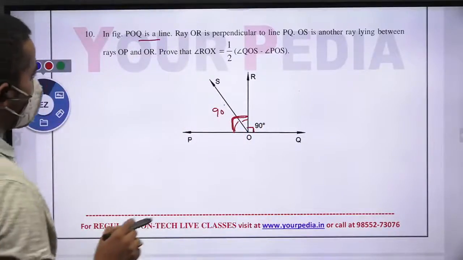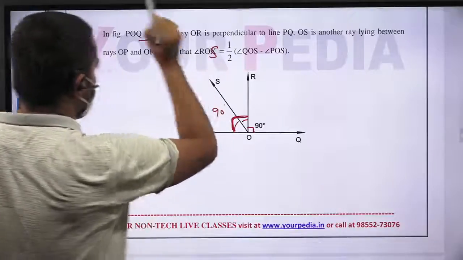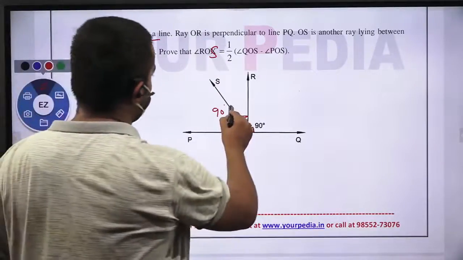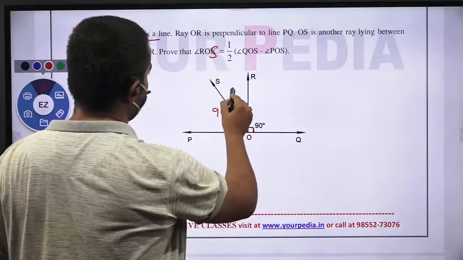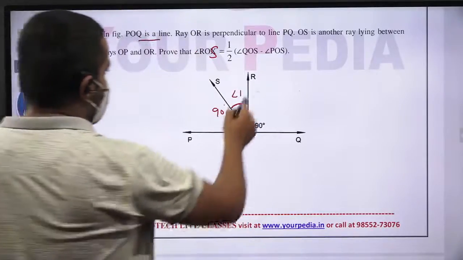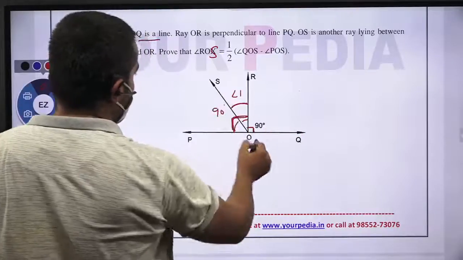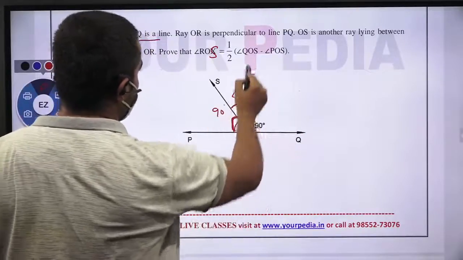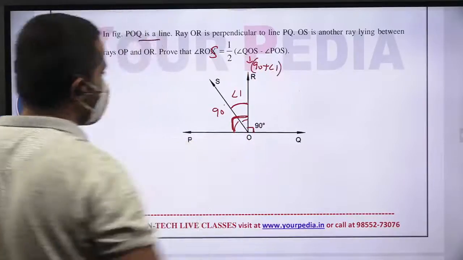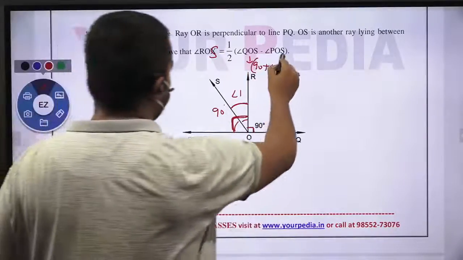So prove that angle ROS is equal to half of angle QOS minus angle POS. So this is that angle. Let's say this angle is angle 1. We have to prove it for angle QOS. So that is 90 plus angle 1. Angle QOS is how much? That is 90 plus angle 1.